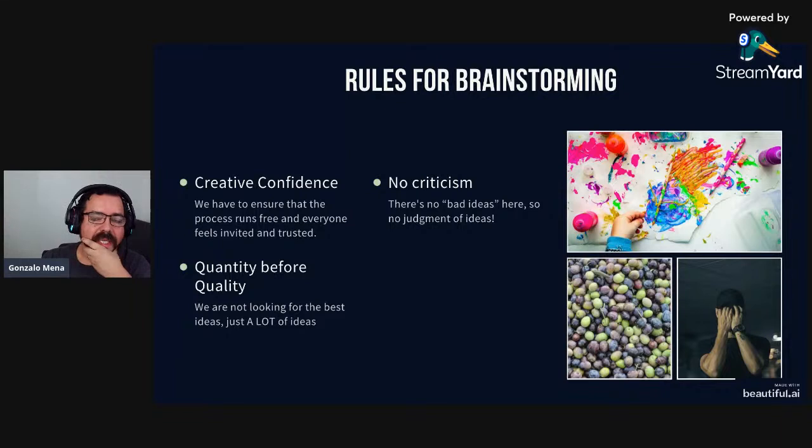What we need is for everybody to feel comfortable enough to share what's really inside them, because there is where you're going to find the great, disruptive, innovative, creative ideas. I'm sure a lot of you have this in you, probably everybody. You have been in situations where you've been talking with friends or perhaps talking with your parents, with relatives, and they say, oh, what are we going to do about this?